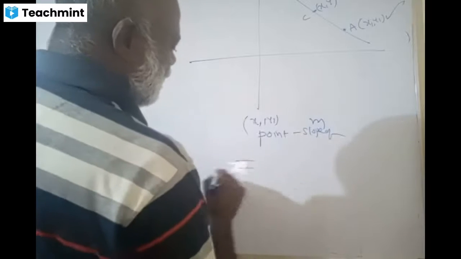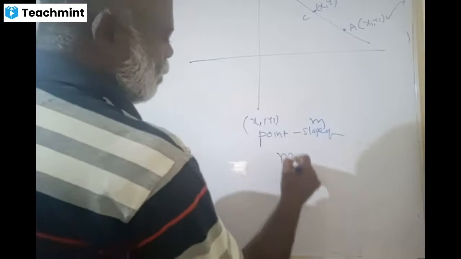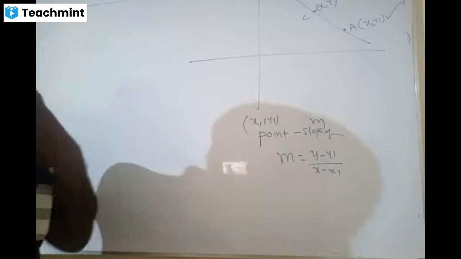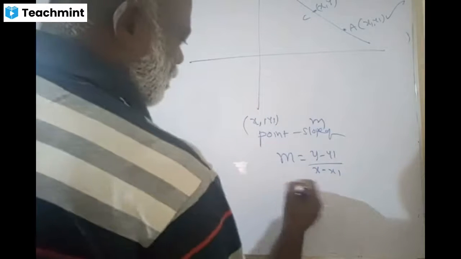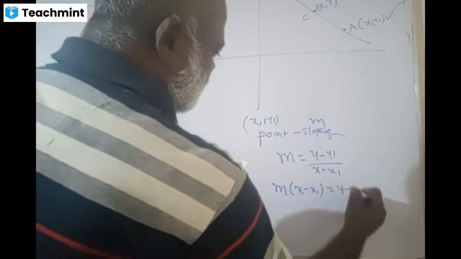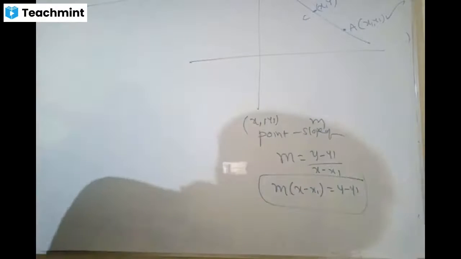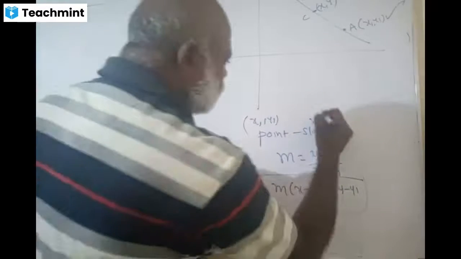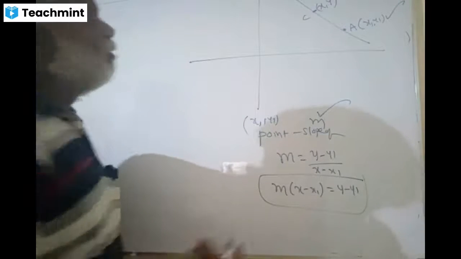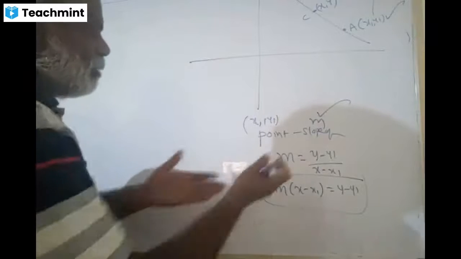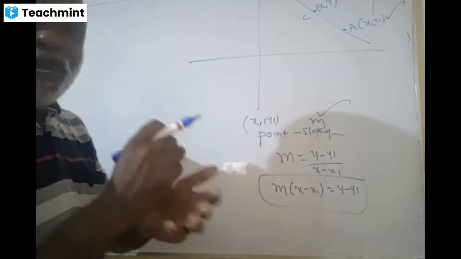For any equation, m equals y minus y1 by x minus x1, or m into x minus x1 equals y minus y1. This is what you wrote, yes or no? Earlier m was known to us, now m is not known. Therefore, the simple reason is: you find m and substitute it in this. That becomes the 2-point formula.